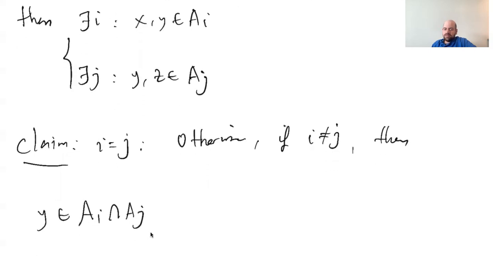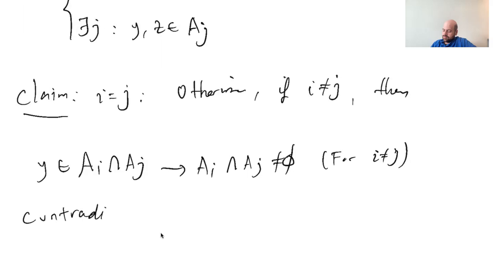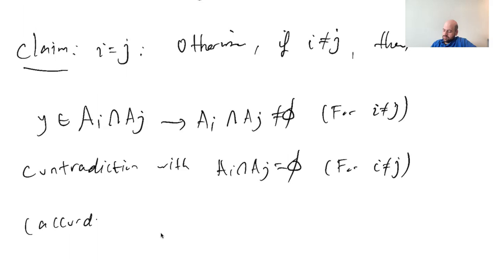And if I is not equal to J, that will be impossible and a contradiction, because I am supposed to have AI intersection AJ equal to the empty set for I not equal to J. So this implies that AI intersection AJ is not equal to empty for I not equal to J. And this is a contradiction with AI intersection AJ must be equal to empty set, again for I not equal to J, according to the definition of a partition.